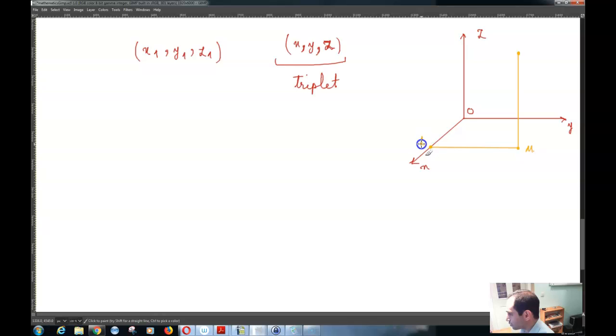I call this point L, for example, and this L is now along the x-axis. Now you can imagine that OL is equal to x, the x coordinate, or you can say let OL be equal to x, meaning that this distance over here I call the x coordinate of my triplet.